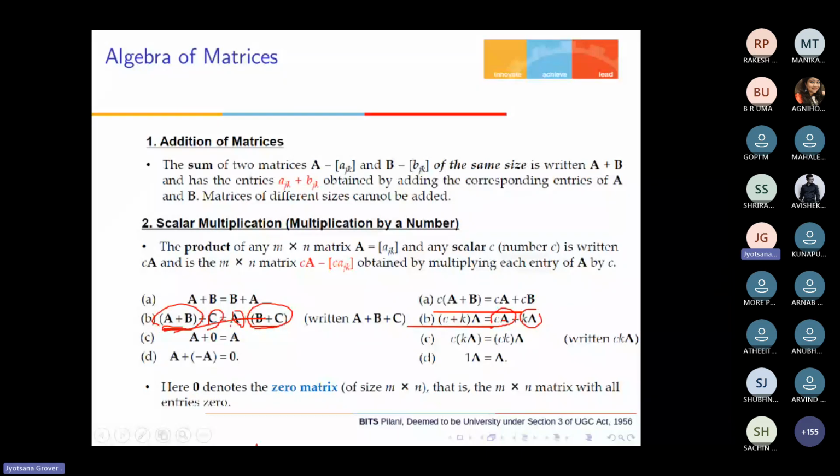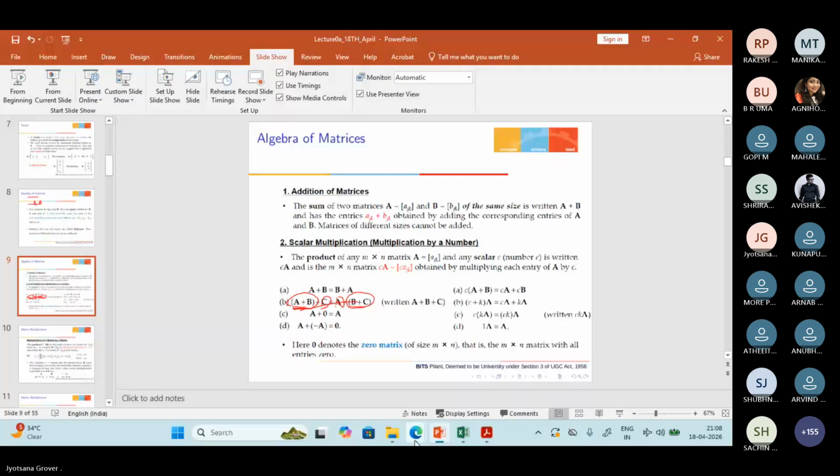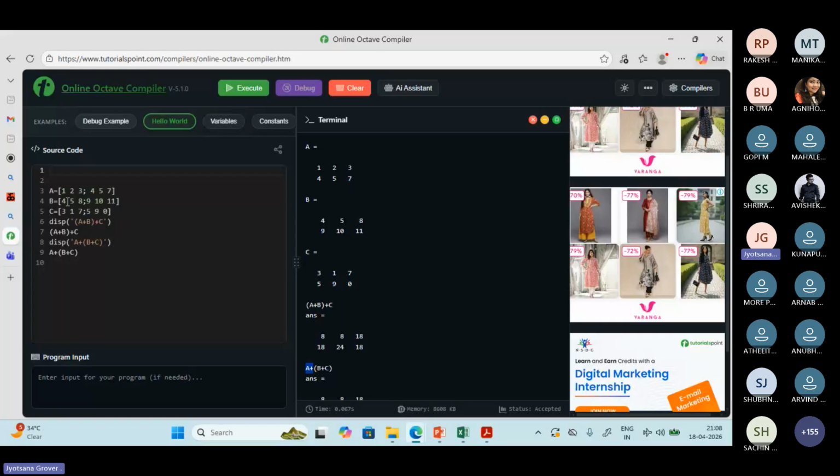This I'll show you. Suppose A is this, C is say 5, some scalar. K is 2, some scalar. Now you say C plus K, add the two scalars.